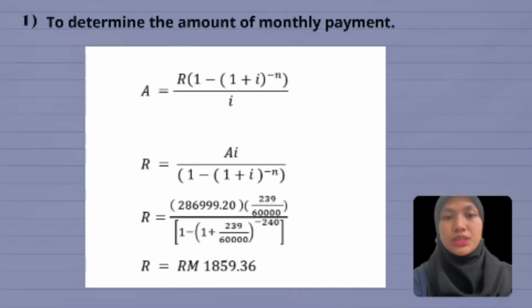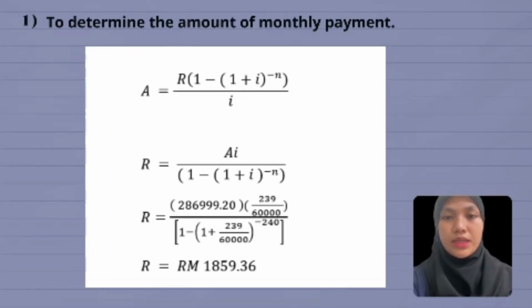Now we will proceed to the first question, which is to determine the amount of monthly payment. We use the formula A equals R multiplied by [1 minus (1 + i) to the power of negative n] divided by i. Then we rearrange the formula to get R equals A multiplied by i divided by [1 minus (1 + i) to the power of negative n].